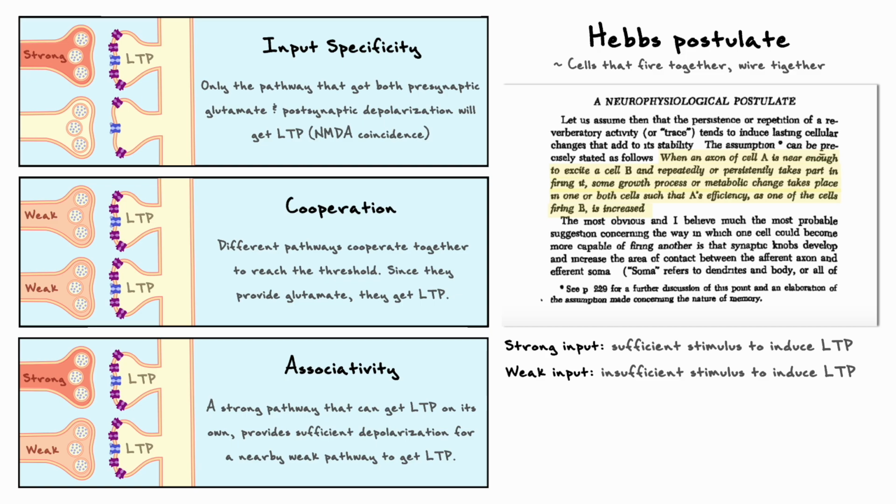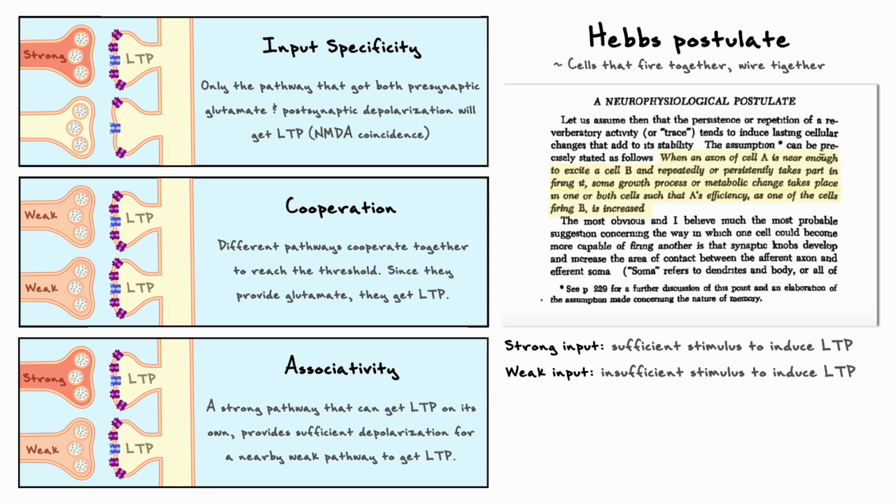Since we are on the topic, I'll briefly mention that these concepts such as cooperativity, associativity, and input specificity are key to understanding some fundamental aspects of memory, which, as I've mentioned, are mediated by the hippocampus. One way to think about cooperativity is that this property ensures that only the events that are really important will result in memory formation because there is a certain threshold that they need to attain before the postsynaptic cell can fire.